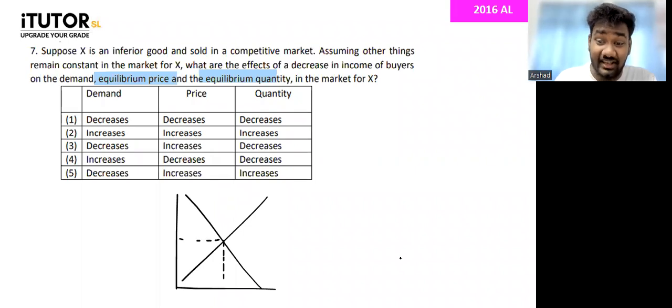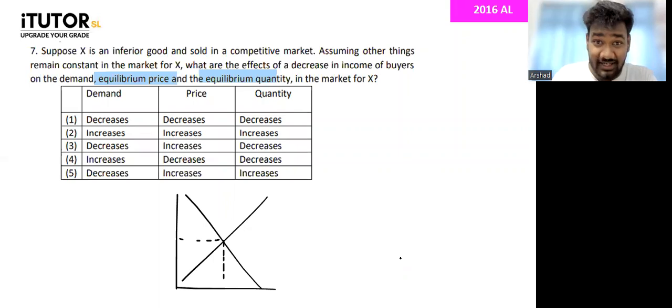It's an inferior good, not a normal good. Now the person's salary has gone down. His income has gone down. Will he buy more of that inferior good? In other words, will the demand for it increase or decrease? He would buy more of that.